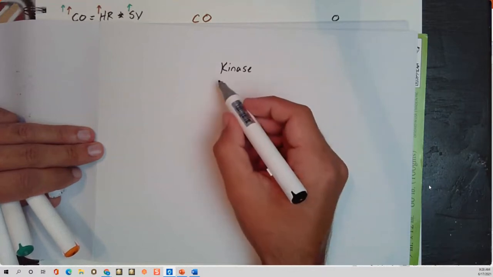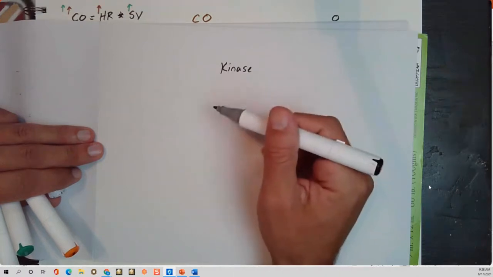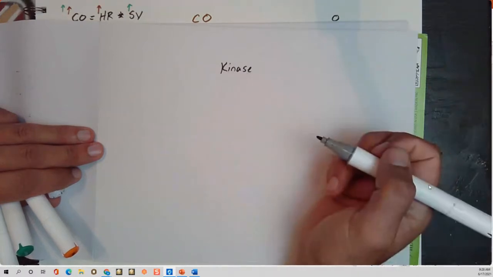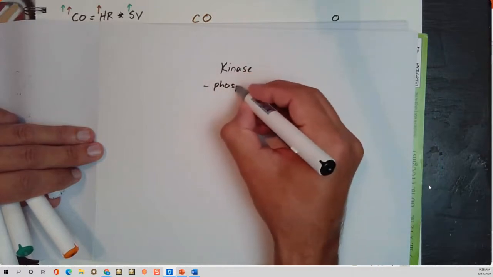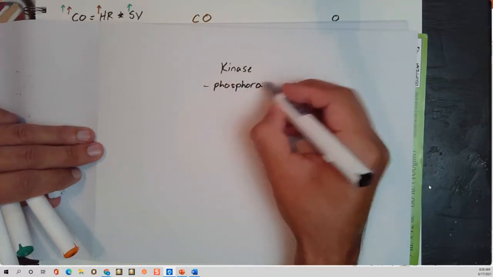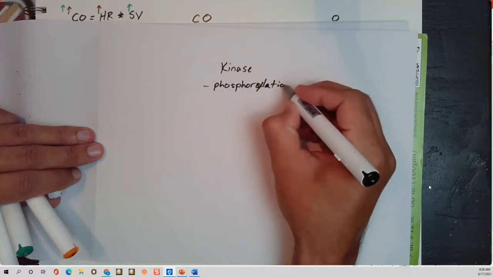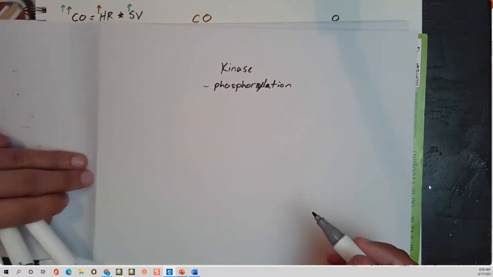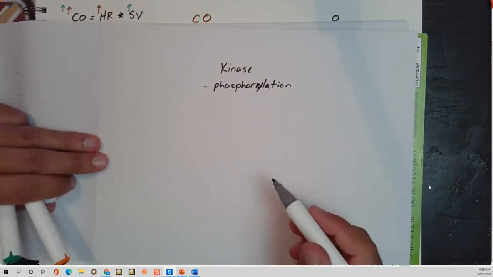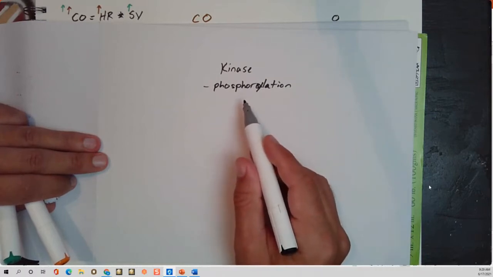What a kinase does, whether it's protein kinase A, B, C, D, there is no E, but whatever, kinases do a process called phosphorylation. And I use this word on my exams and my homework questions and stuff. So you might come across it, and you'll need to know what the heck's going on with this word. There's phosphorylation and there's something called dephosphorylation.